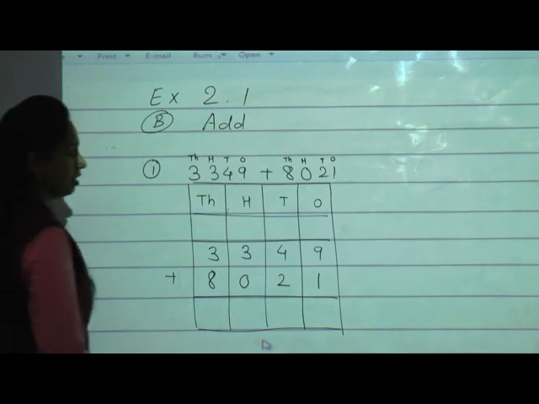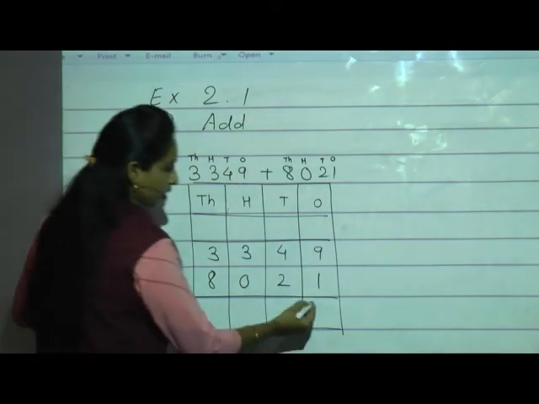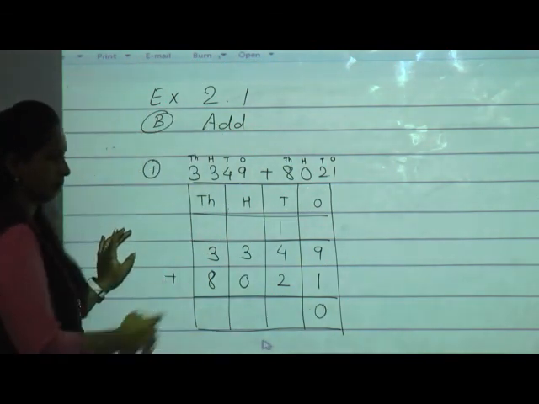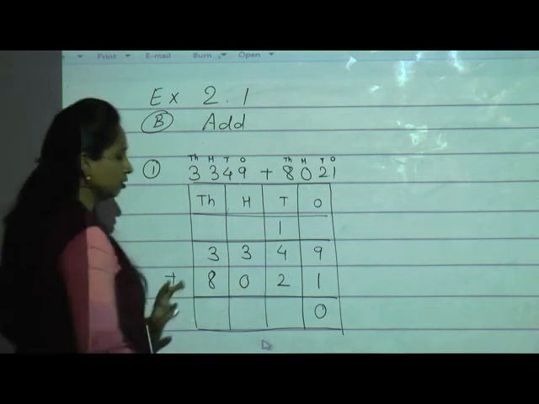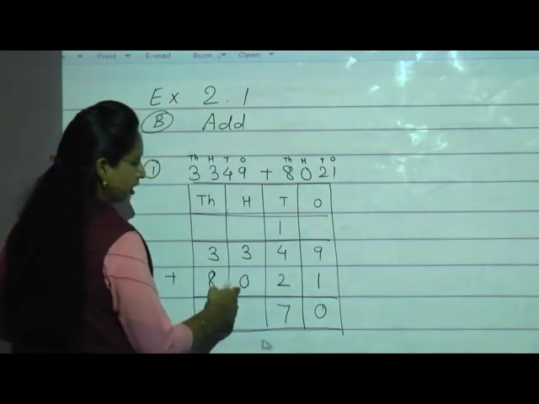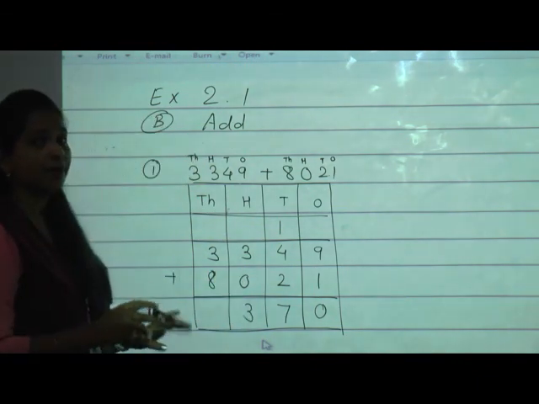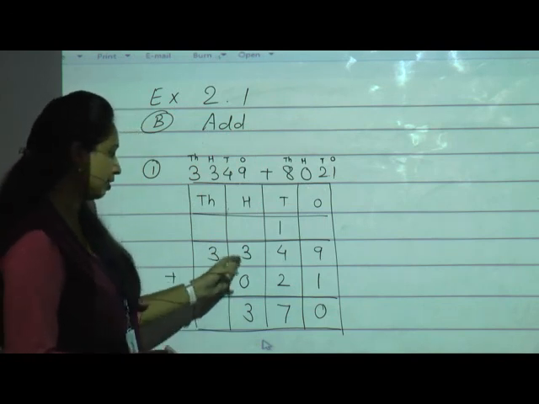Now help me, students, to do the addition. 9 plus 1, 10. So how will we write? 0 on ones place, 1 will carry to tens place. Now 1 plus 4, 5. 5 plus 2, 7. Now 3 plus 0. Whenever we add any number to 0, we get the same number, that is 3.